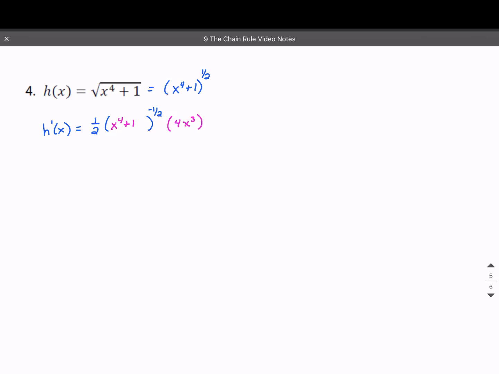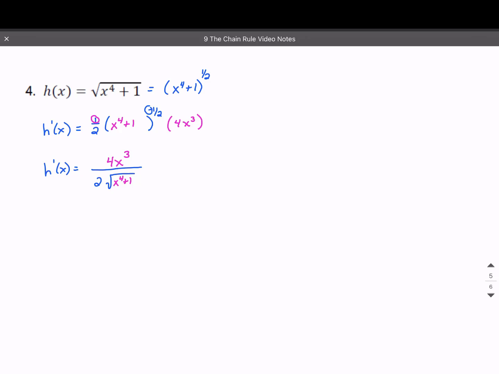Now we need to simplify this out a little bit, okay? So we're still going to have h prime of x equals, I have 1/2. That means there's a 2 in the bottom. Now you see this negative here? That means the x to the 4th plus 1 is in the bottom, and the 1/2 means we have a square root. We also still have a 4x cubed in the top. That times 1 is just going to give us the 4x cubed.